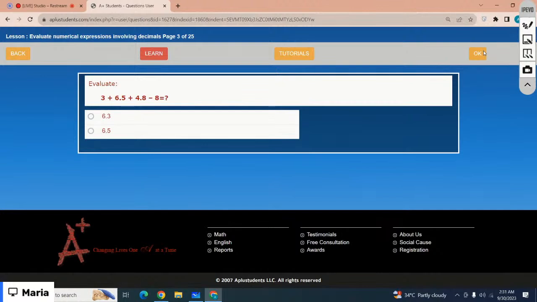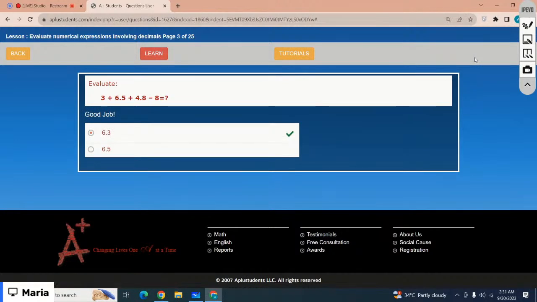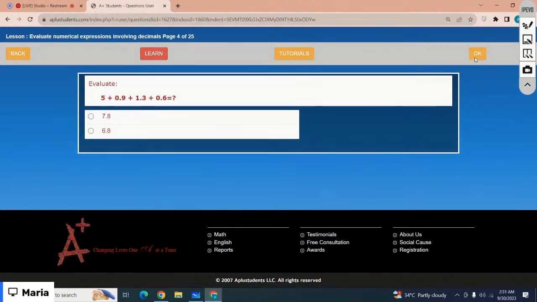That would be 6.3 is the correct option, right? The correct option is 6.3. Evaluate, you have to add them also, which is the correct option.